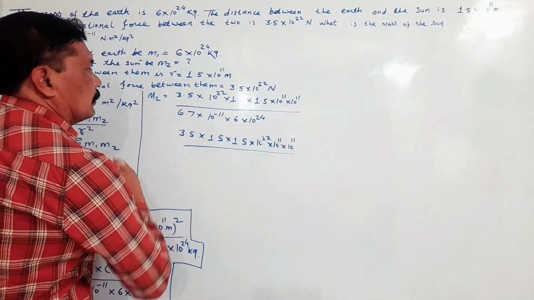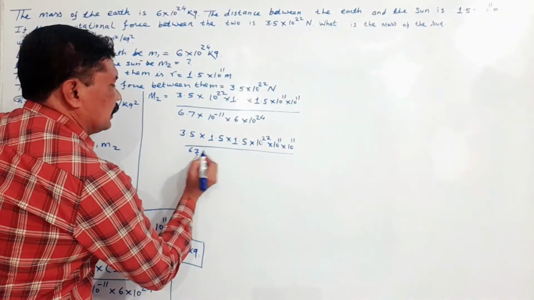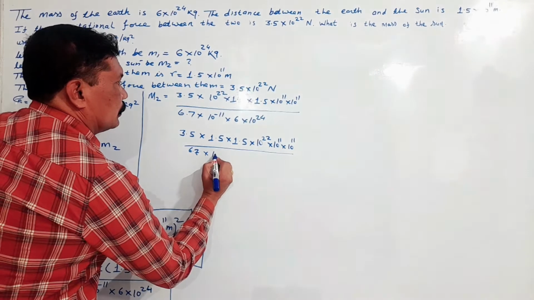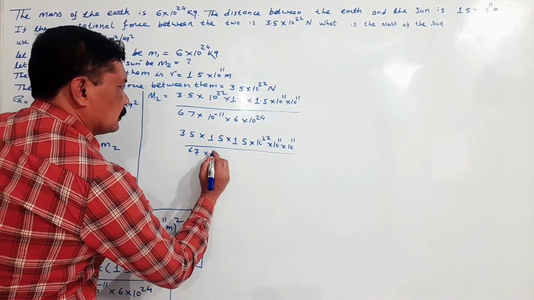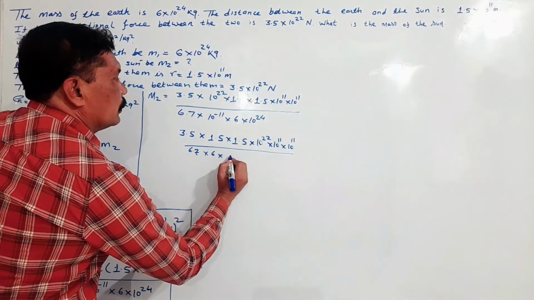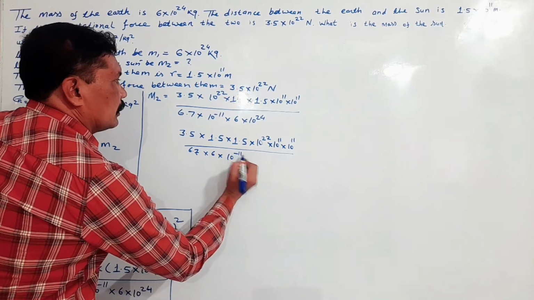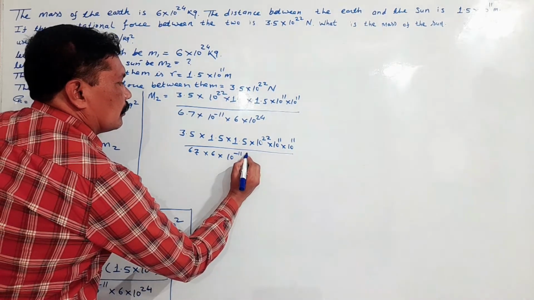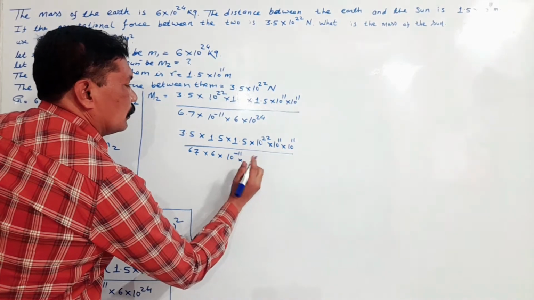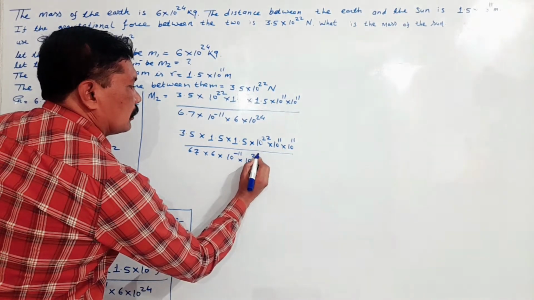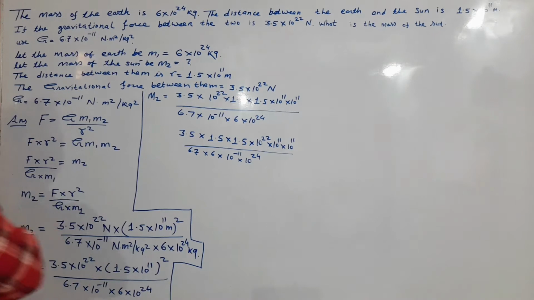upon 6.7 into 6 into 10 to the power minus 11 into 10 to the power 24.